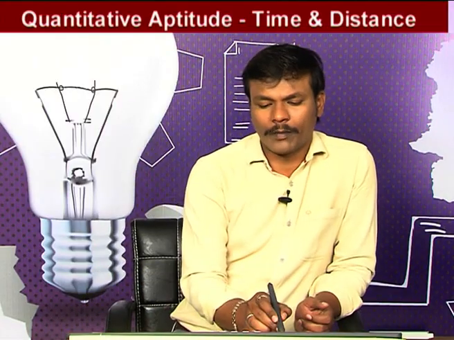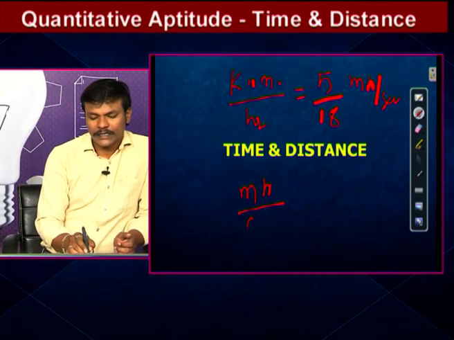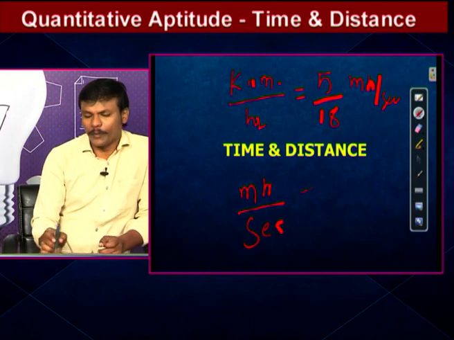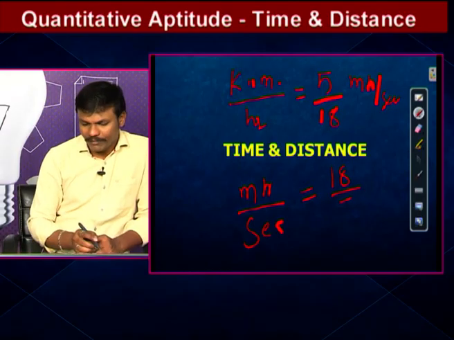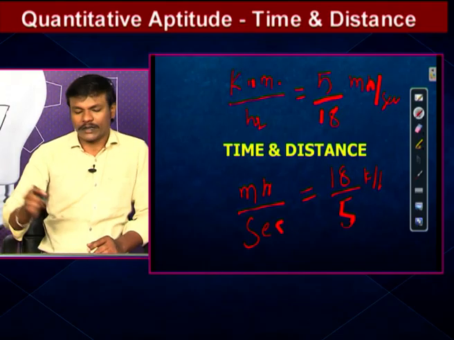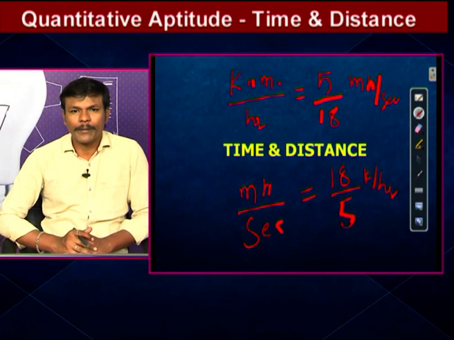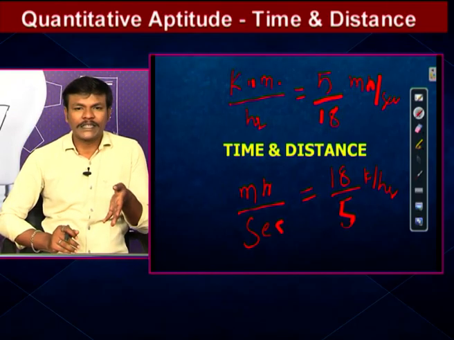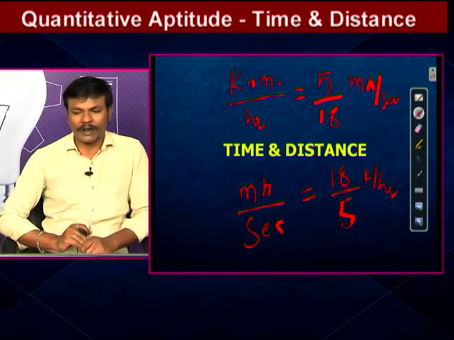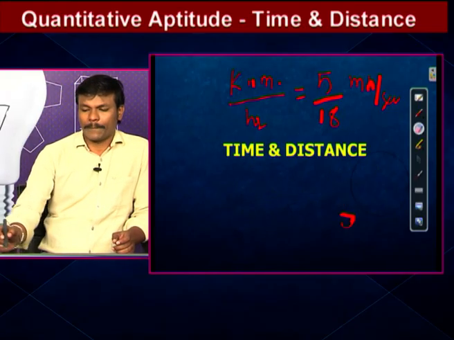If you want to convert meter per second to kilometer per hour, the fraction is inverted, 18 by 5, and taken as kilometer per hour. So kilometer per hour is equal to 5 by 18 meter per second. Meter per second is equal to 18 by 5 kilometer per hour. For example, 36 kilometer per hour.